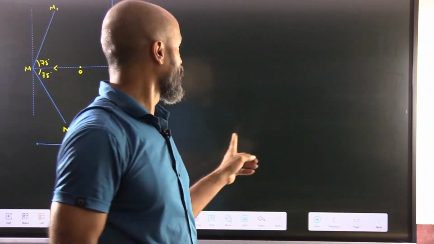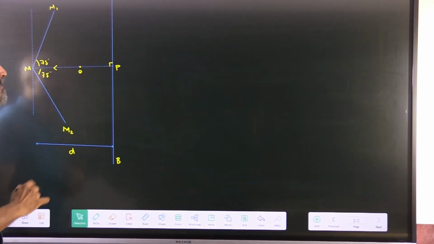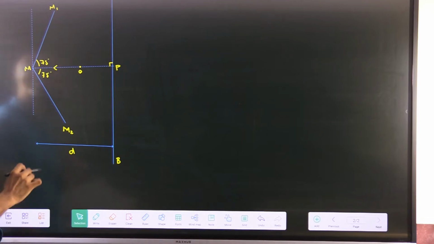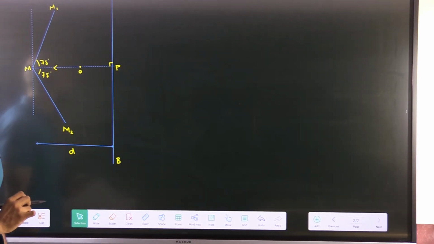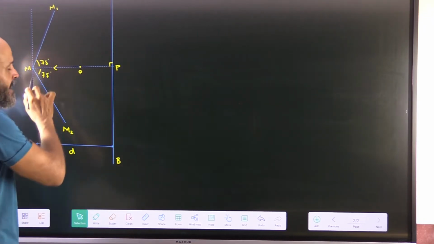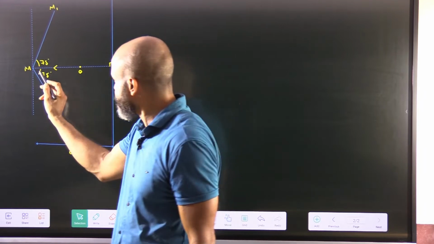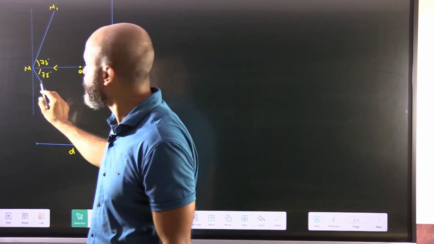In this problem there are two inclined mirrors, one is MM1 and the other one is MM2. These mirrors are inclined at an angle of 150 degrees, so obviously this is 75 and this is 75.